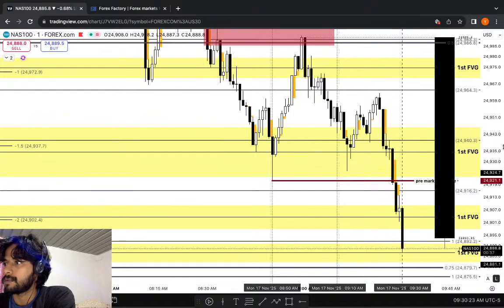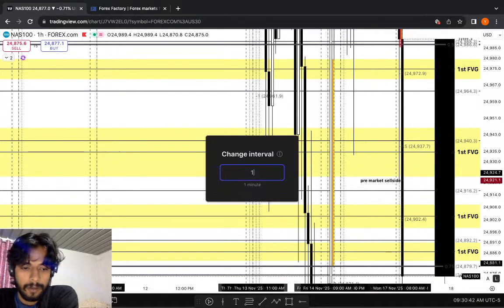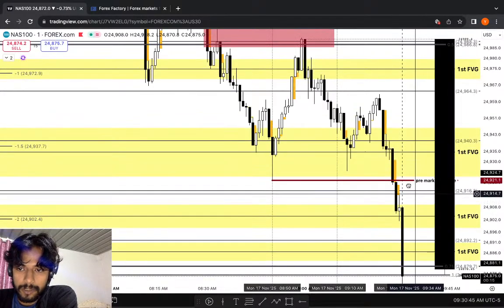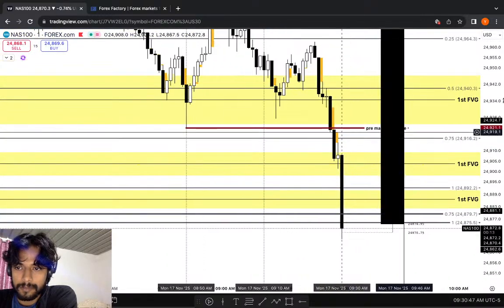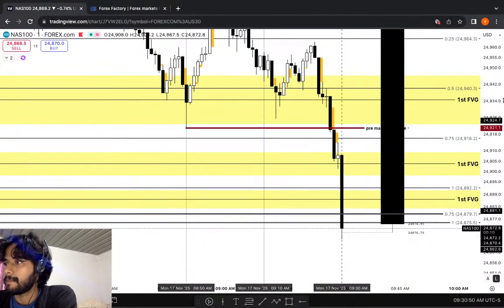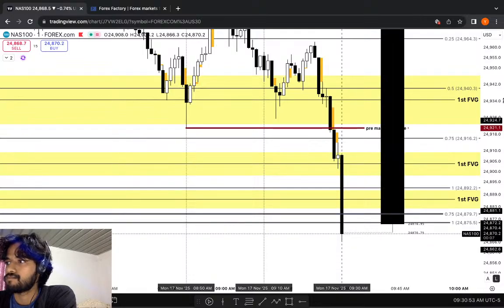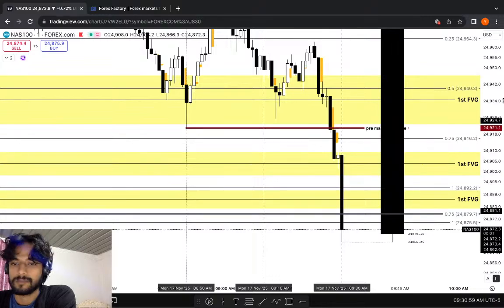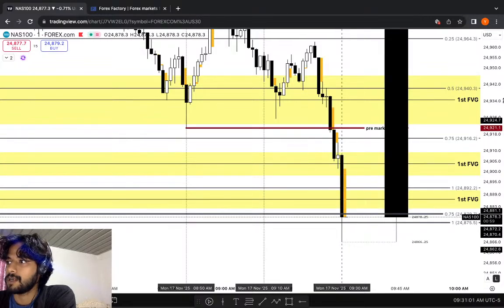Moving lower currently. But let's see how this 1 minute candle closes. See if we can switch it higher.